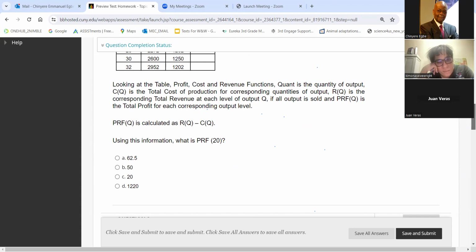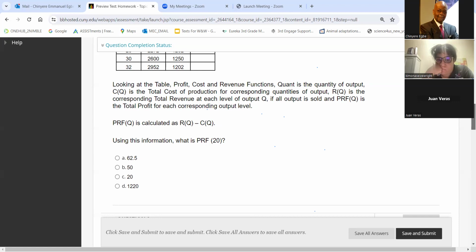C of Q is the total cost of production for corresponding quantities of output. R of Q is the corresponding revenue at each level of output, if all output is sold. PRF of Q is the total profit for each corresponding output level, right? So using the information, what is PRF of Q?